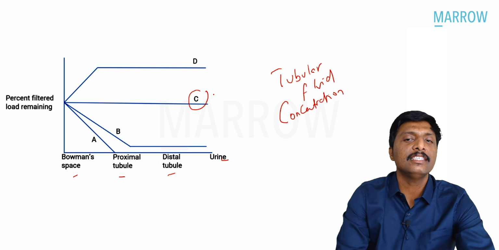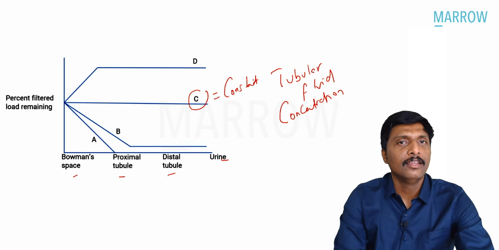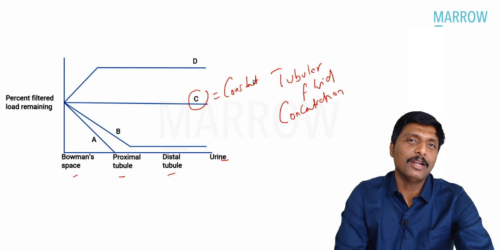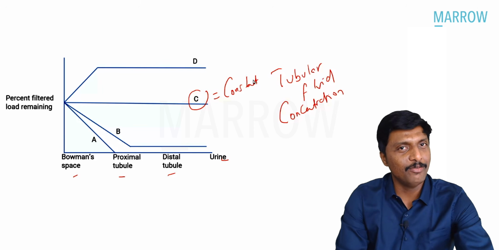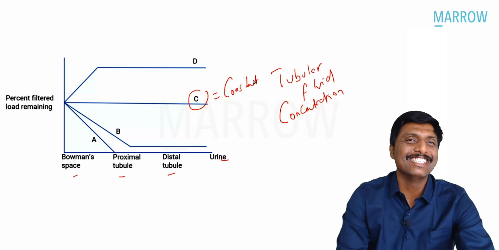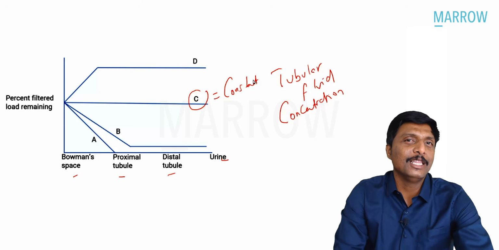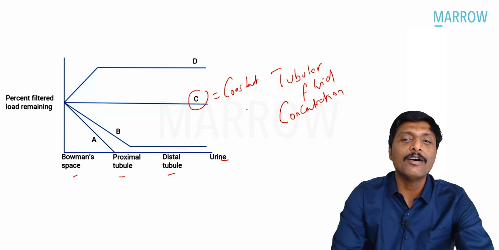Now look into this important point, guys. See, this C is for constant. There are some people we call constant in our lives. Whatever happens in the external world, they will always be there for us. Constants. Remember, C for constant. Whatever happens in the proximal tubule, whatever happens in the distal tubule, nothing will disturb me because I am neither getting reabsorbed nor secreted.